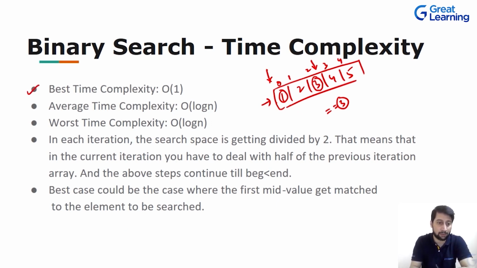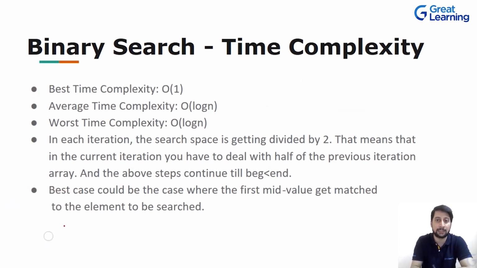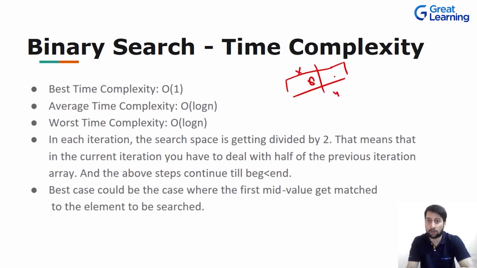Okay, now in average case, what happens, right? If you talk about this algorithm, let me just clear out my screen. So it follows a paradigm of divide and conquer. So let's suppose you have 8 elements first in the array. It will be divided into 4, because these 4, either on the left side or on the right side, will be neglected. And then we focus on these 4 elements. Again, it will be divided into 2 and 2.